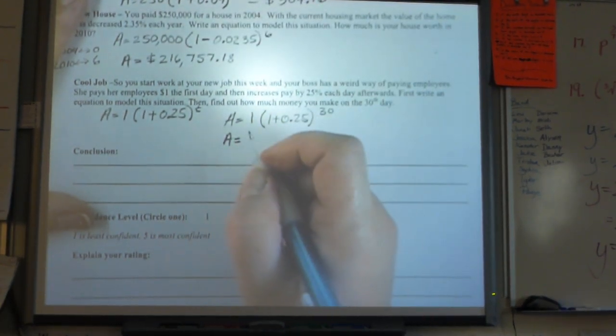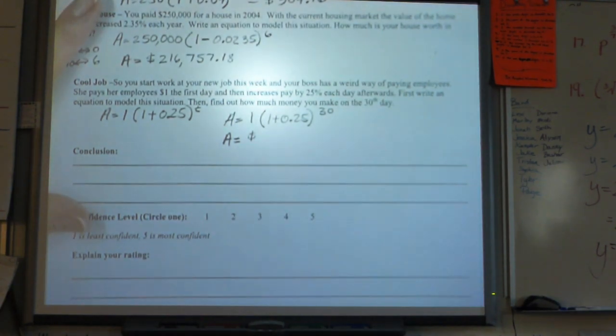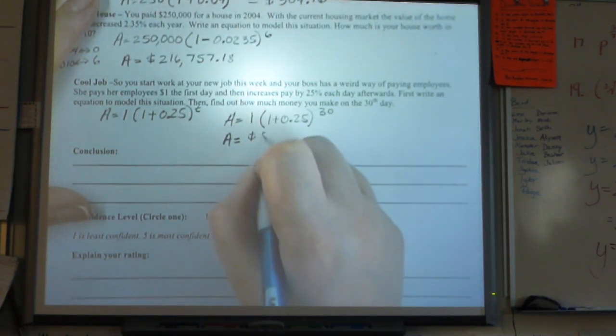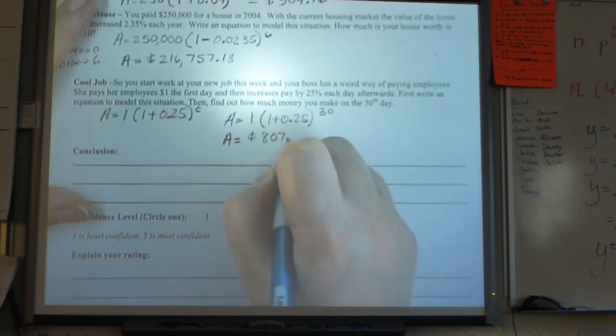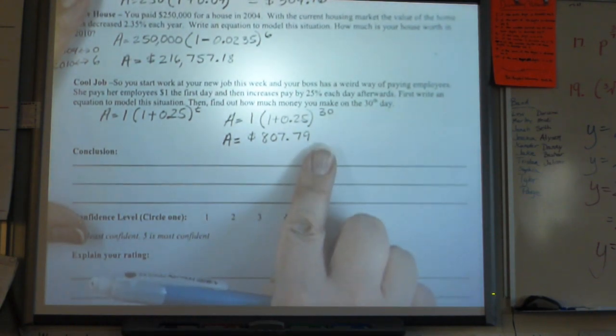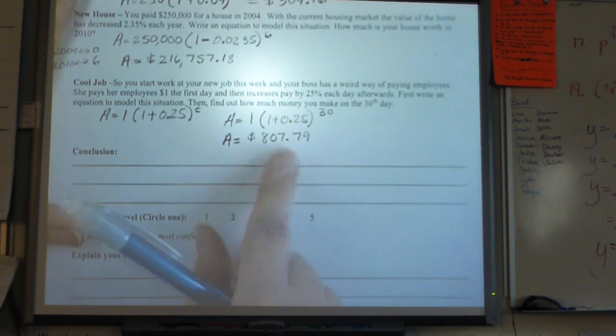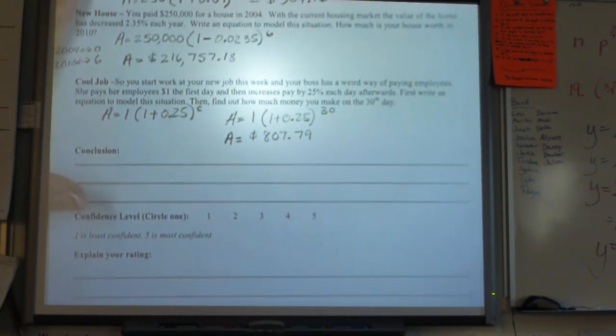On day 30, how much do you get paid? $807.79. Oh, that's much better than I made on day 1. $1. How much did I make on day 30? $807.79. I think I'd like to work for her, right?